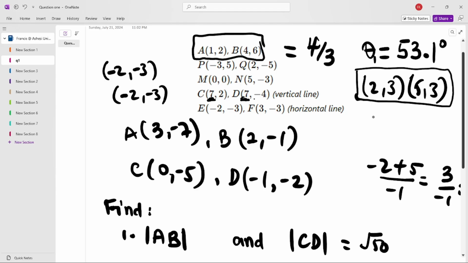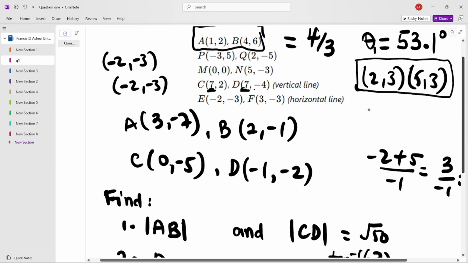If the gradient is zero, what is the value for the angle? Zero. Yeah, so it is 0 degrees, right? So that's how you think ahead. You look at the points, then you should be able to tell what's going on before you even start solving. Are we okay?